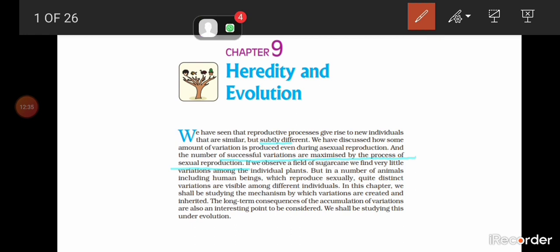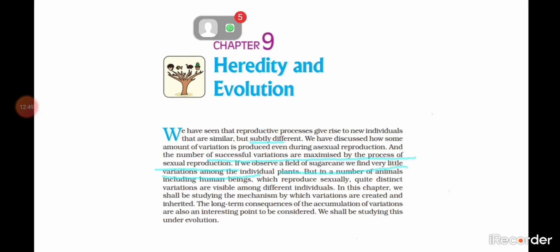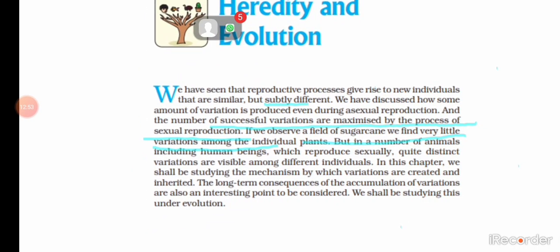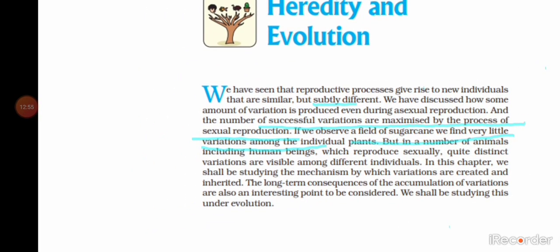If we observe a field of sugarcane, we find very little variation among the individuals, which I already explained. But in a number of animals, including human beings, which reproduce sexually, quite distinct variations are visible among different individuals. So in this chapter, we shall be studying the mechanism by which variations are created and inherited.